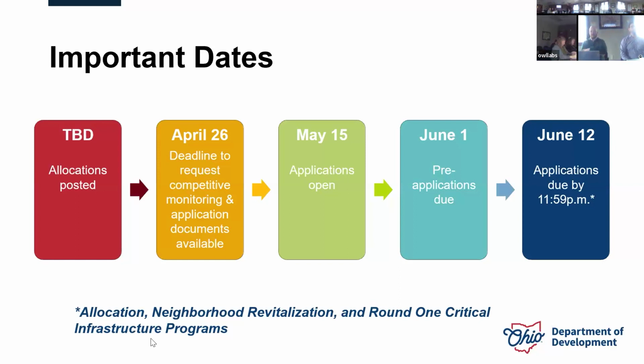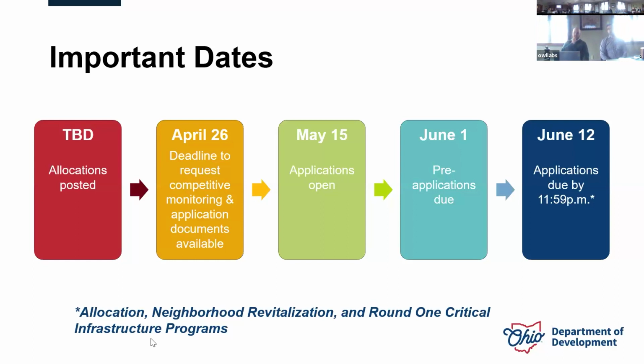And then we'll open applications in Ocean on May 15th. So you'll have roughly a month after that to complete the applications. And then we will let everyone know before we're going to open those applications.